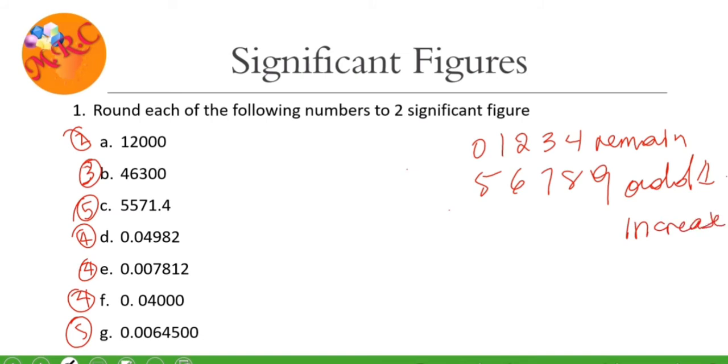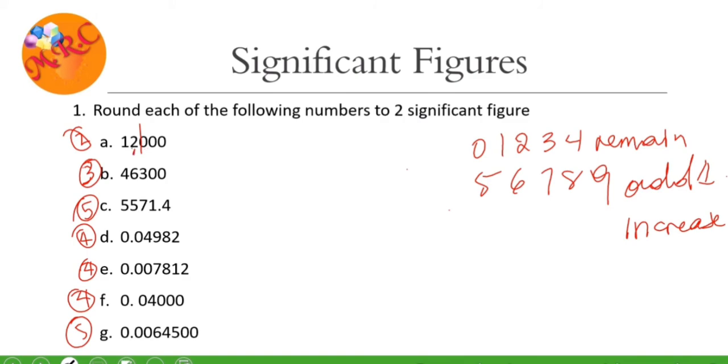So let's look at 12,000. Two significant figures coming from your left. So go 1, 2. Draw my line after. I look at the digit that comes after. If it is 0, 1, 2, 3, 4, then the 2 is not going to change.